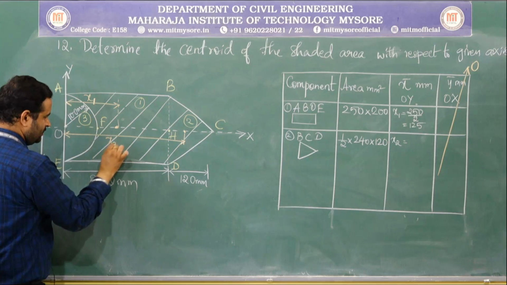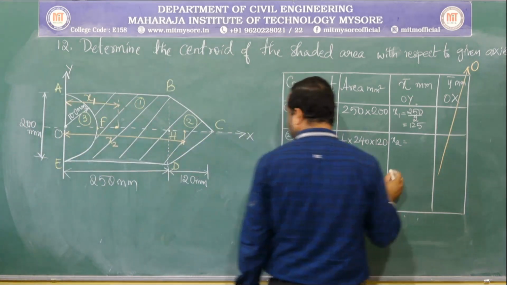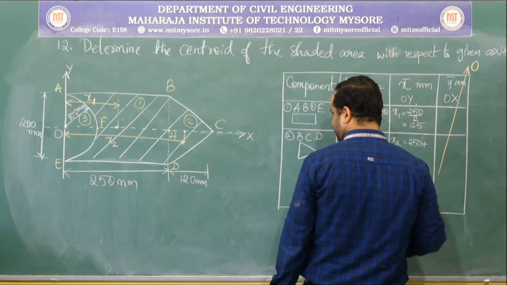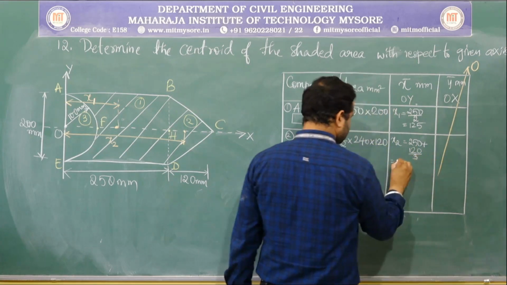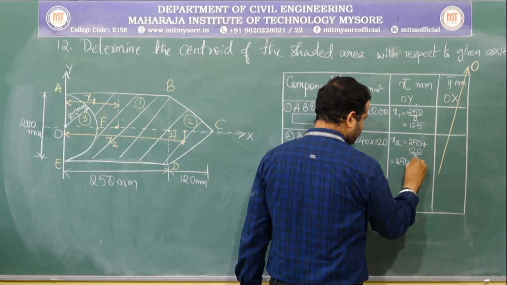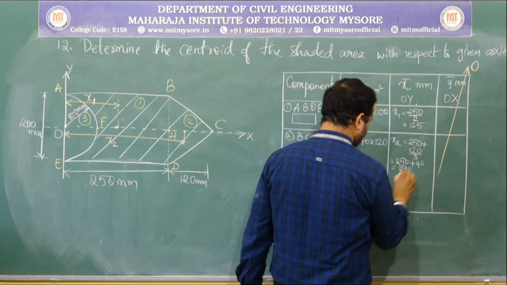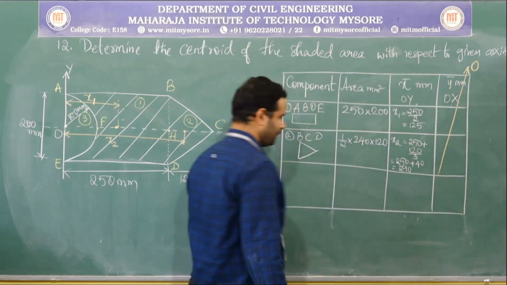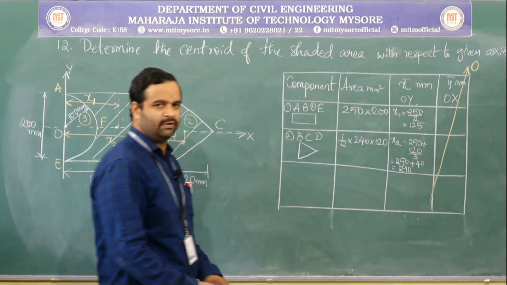This is nothing but x2, which will be equal to 250 plus 120 by 3, which is equal to 250 plus 40, 290 mm. So, Y bar is 0.